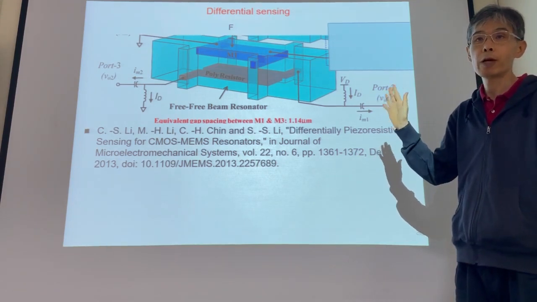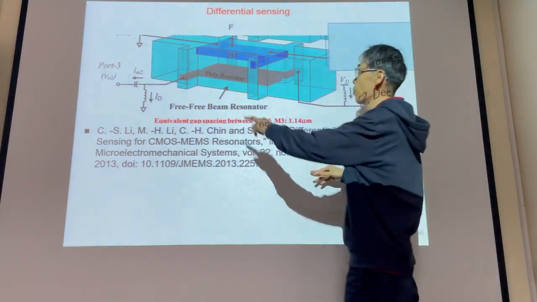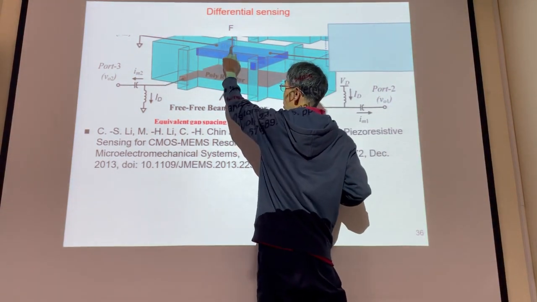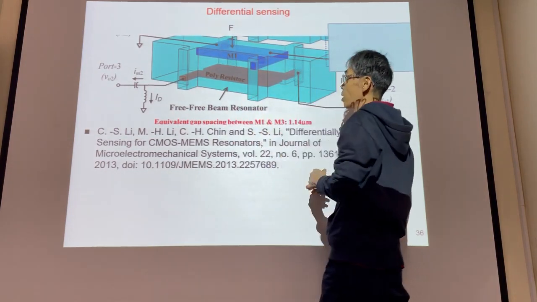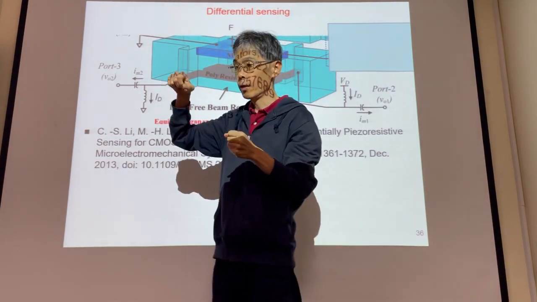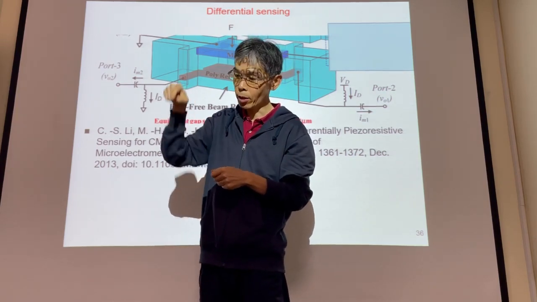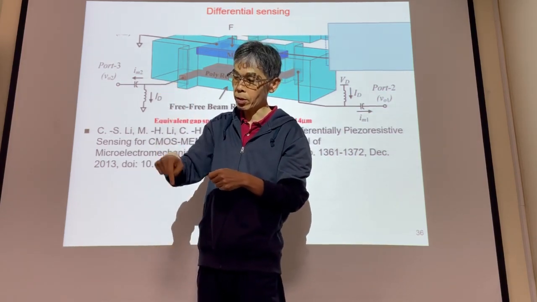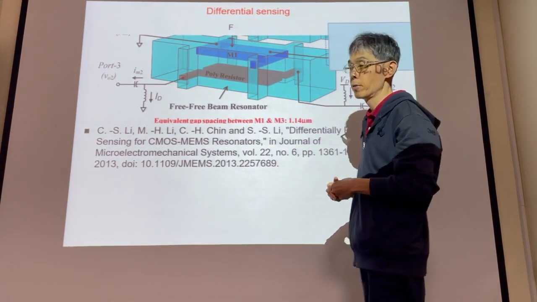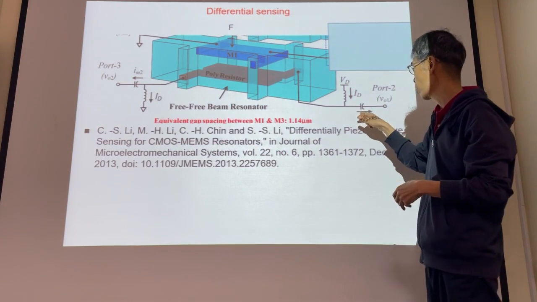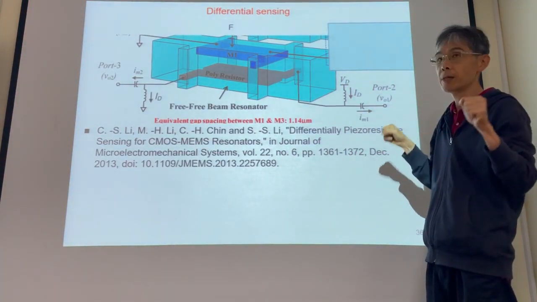The beam won't vibrate. In this case, you apply a force to this beam, say an AC force. The force goes up, down, up, down, up, down. If this is the AC force, then we have a current output, AC current.